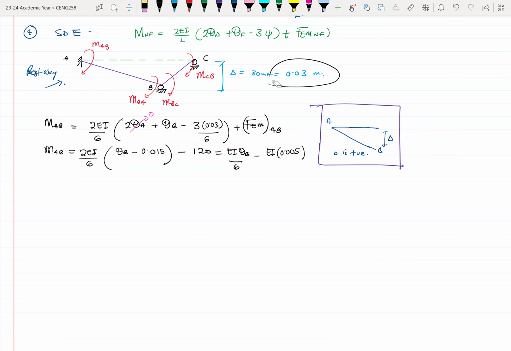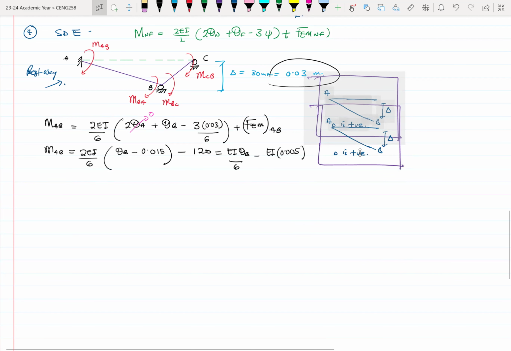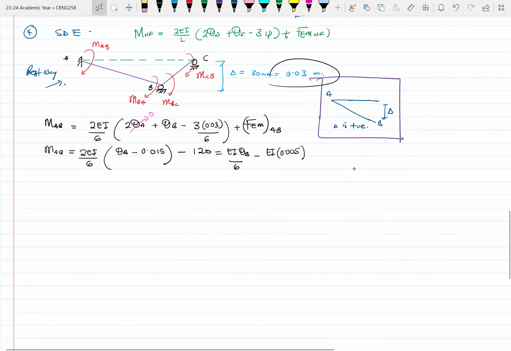Let me put this somewhere else because it's blocking my path. Then minus 120. All right. So this is the equation for MAB.